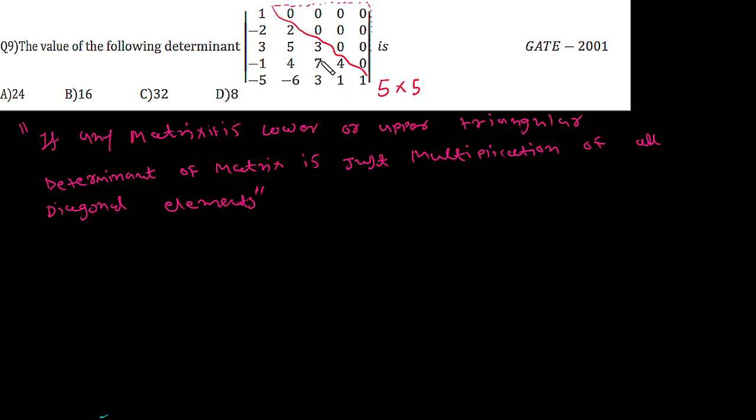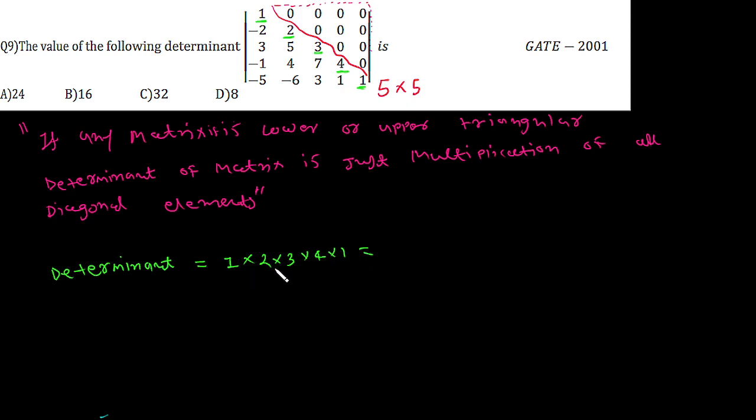Here the order of the matrix does not matter because it is a triangular matrix. Just multiply all the diagonal entries: 1 times 2 times 3 times 4 times 1.